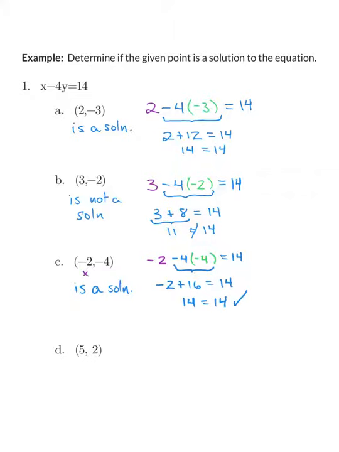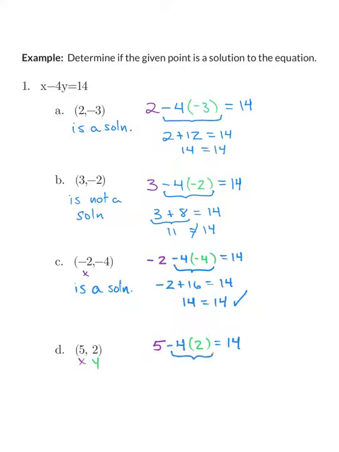All right, last one. We have (5, 2). So I'm going to replace x with 5, and I'm going to replace y with 2. So if we go ahead and plug this in, we get 5 minus 4 times 2, and I want to know, is this equal to 14?